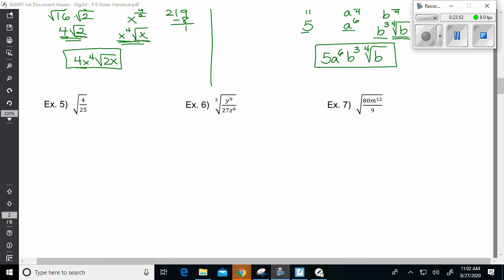If given as a fraction, we can still separate it. So, the square root of 4 over 25 is the same thing as the square root of 4 over the square root of 25.